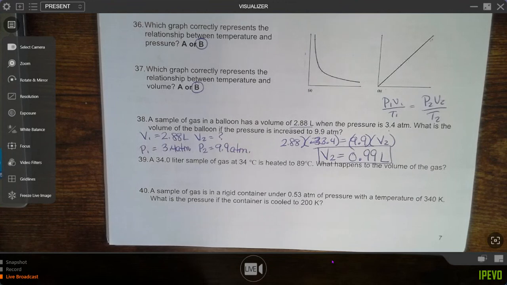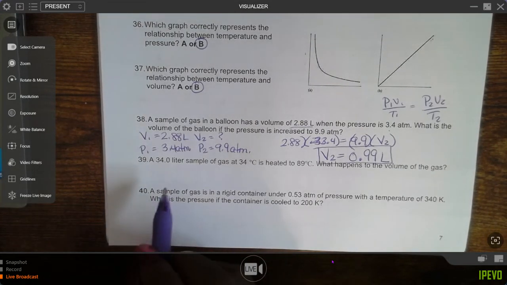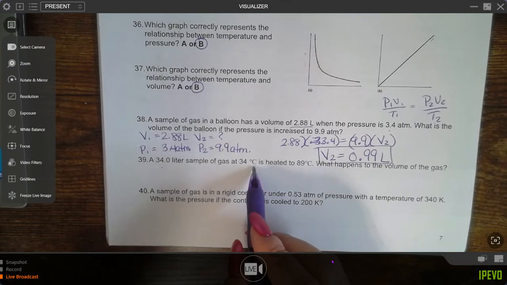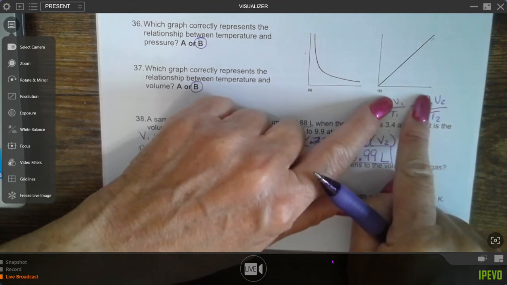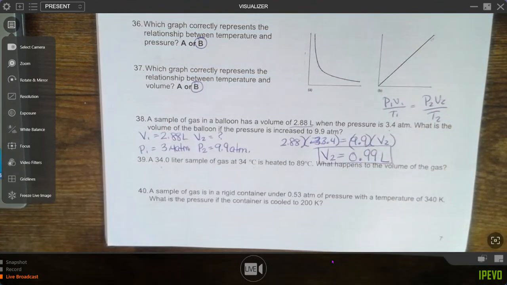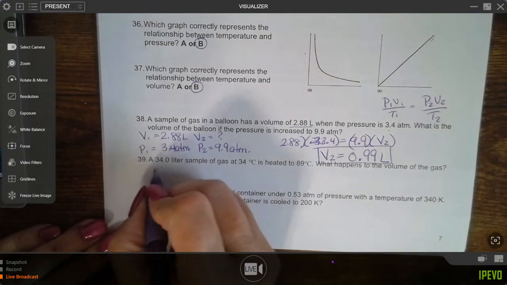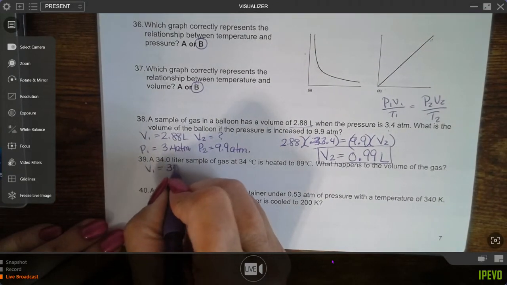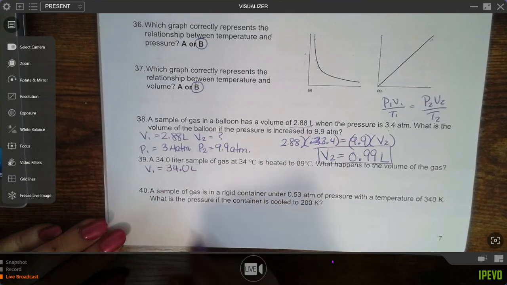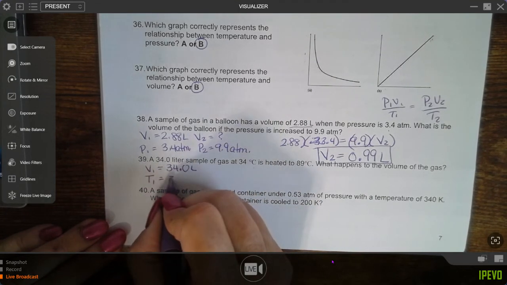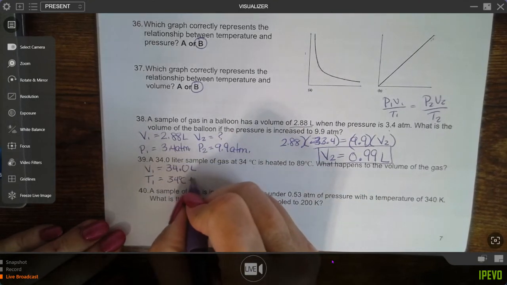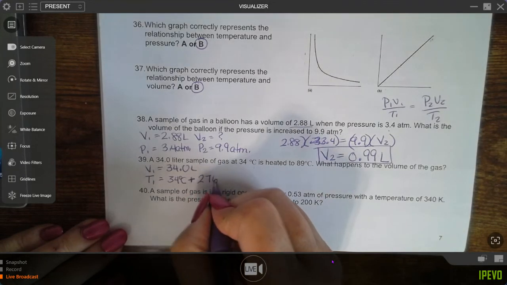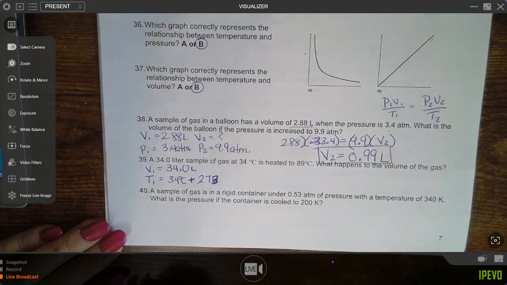Here is one that is volume and temperature. For volume temperature, we're just going to use V1 over T1 is V2 over T2. So V1 is 34 liters. T1 is 34 degrees Celsius. Remember, we always have to put our temperatures in Kelvin, which means we add 273.